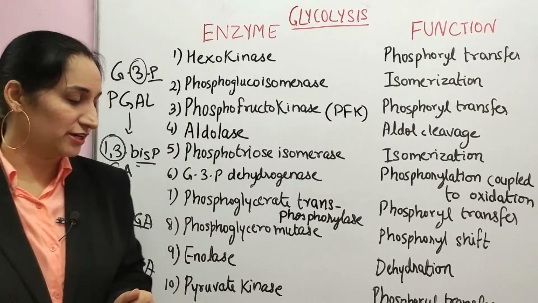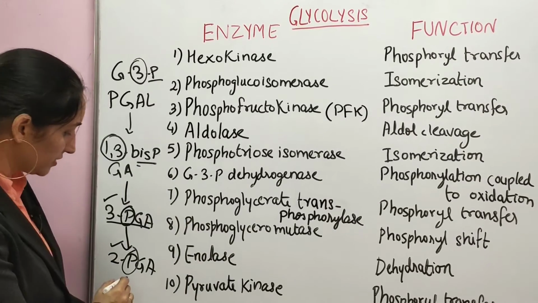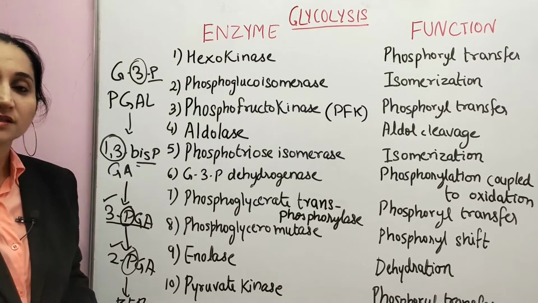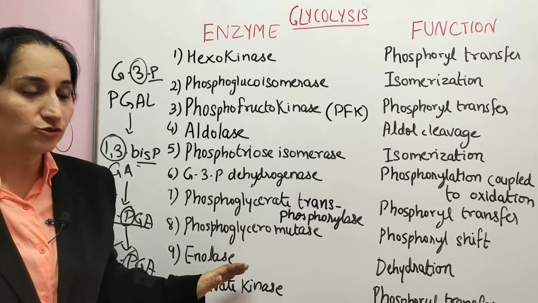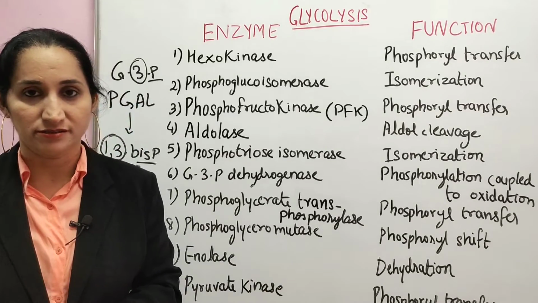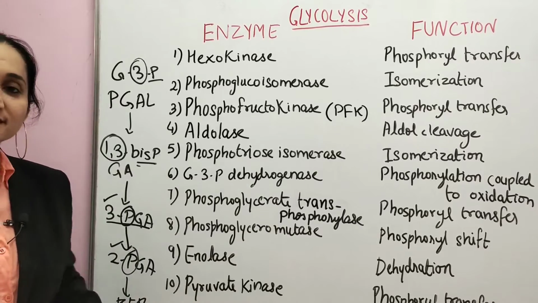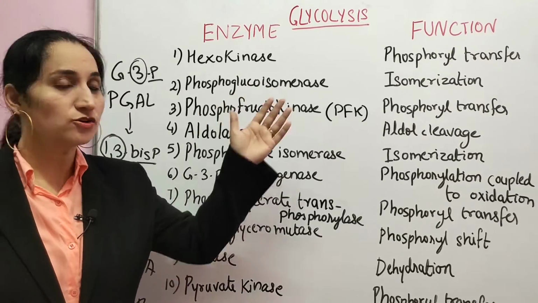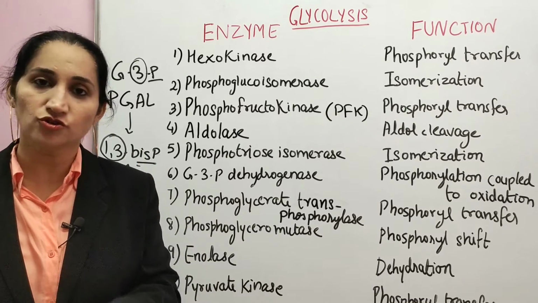In the next reaction, 2-phosphoglyceric acid gets converted into phosphoenol pyruvate, and the reaction was catalyzed by enolase enzyme. The function of enolase enzyme is dehydration. And the last reaction is phosphoenol pyruvate getting converted into pyruvic acid. You know, in the process of glycolysis, one molecule of glucose gets converted into 2 molecules of pyruvic acid.